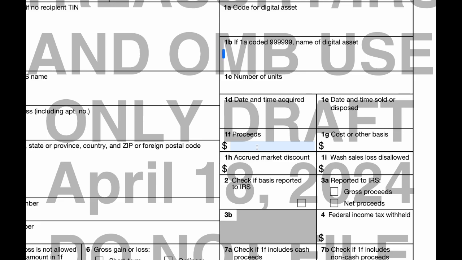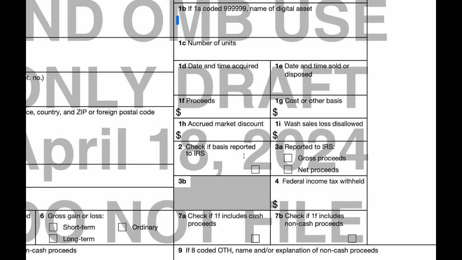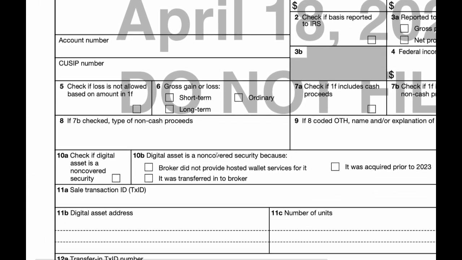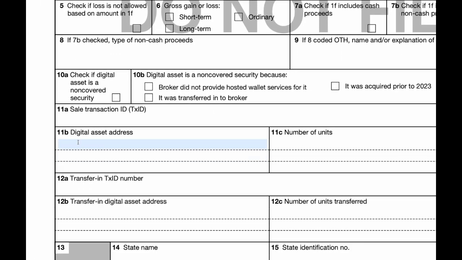Now, a lot of these brokers are sending this data in an electronic format. The thing that concerns me is if we slide down here to section 11B and 11A, they're asking for a sale transaction ID as well as a digital asset address. So basically a wallet address along with the number of units. This is going to get extremely complex, and I don't really see this being incredibly useful information.